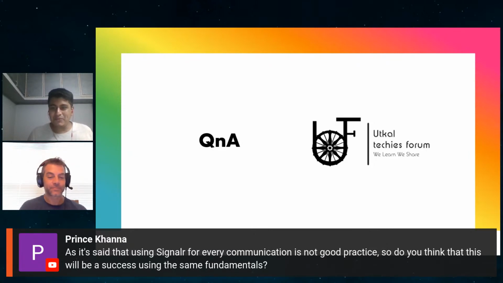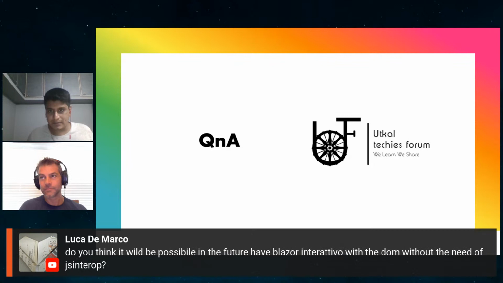Yeah. So let's move on to the next question. It's by Luca. He is asking, do you think it will be possible in the future to have Blazor interacting with the DOM without the need of JS interop? I don't think so. I think that JS interop is going to be a requirement in the future as well.